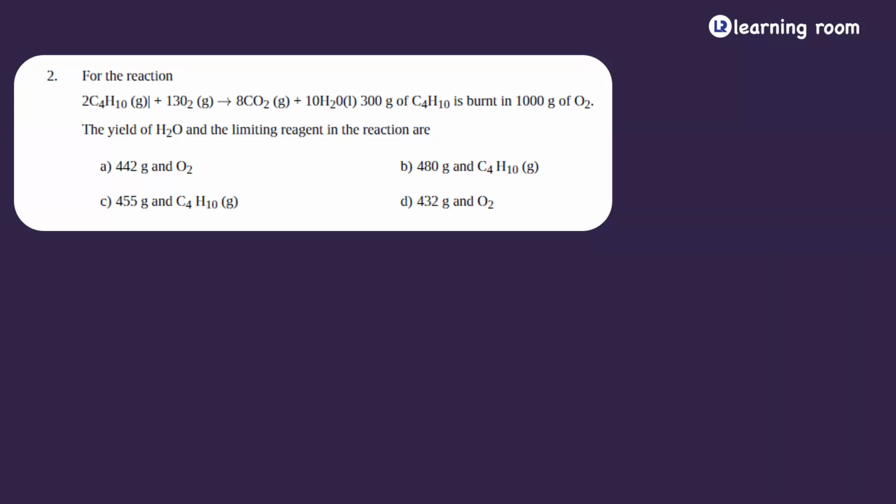Okay, we have to first look at the balanced equation, stoichiometry details, right? Yes, ma'am. Okay, so we have 2C4H10 plus 13O2 to 8CO2 plus 10H2O.